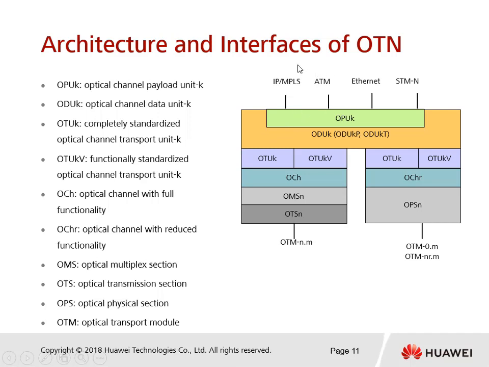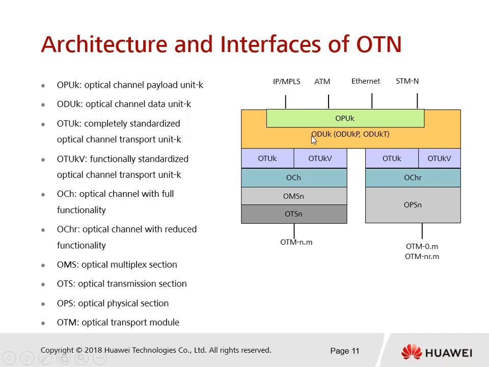So let's see it again. For this part, like IP, MPLS, ATM, Ethernet, STM, you can consider these the client signals. The client signals are the payload for the OPUK. Then the OPUK is the payload for the ODUK.